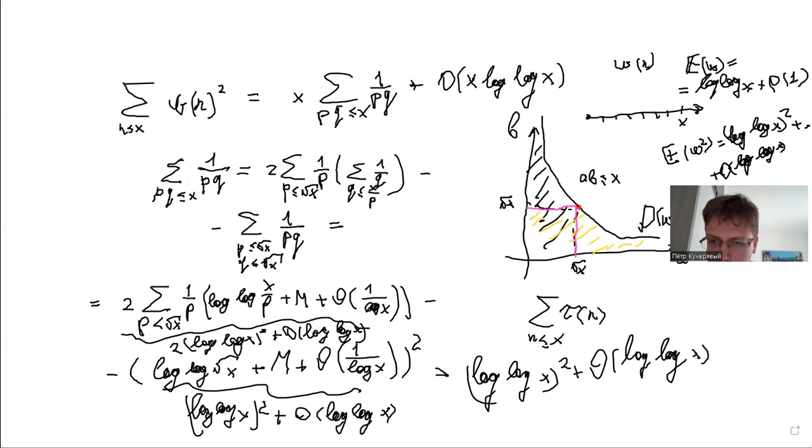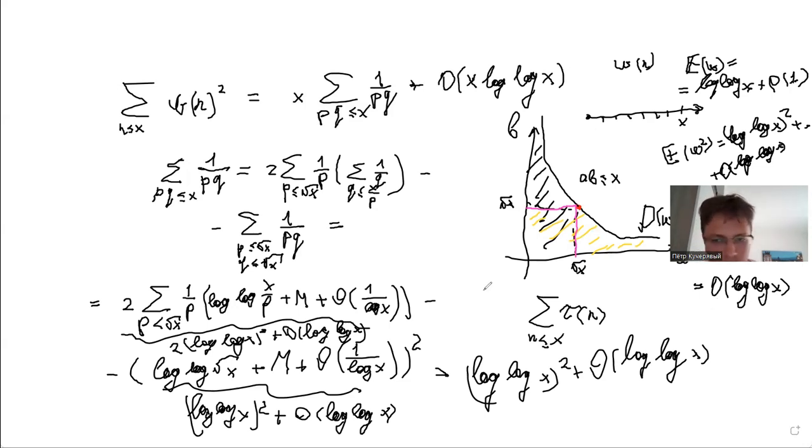Yes, variance, sorry. And you see the square of double logarithm cancels, because here we have the square of double logarithm minus again the square of double logarithm. And it gives us such an estimate.